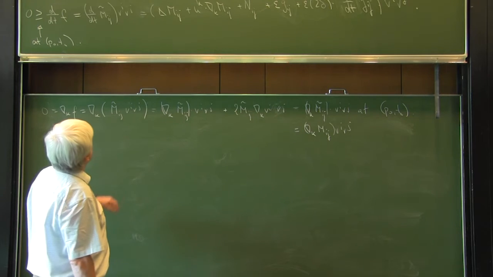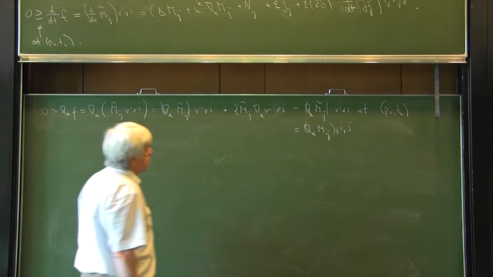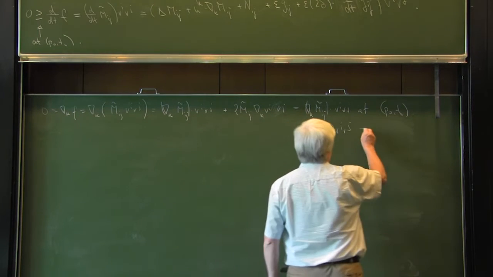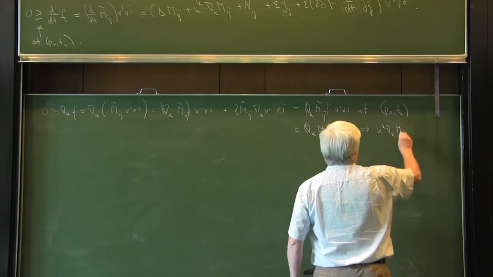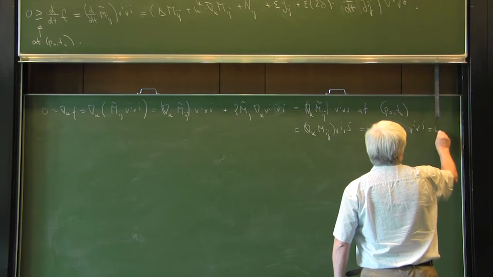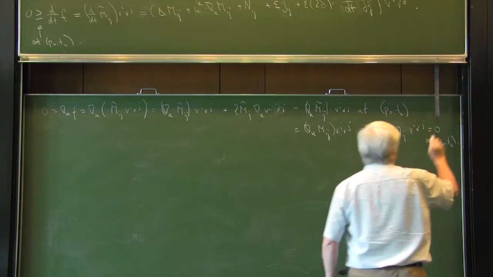So this shows us that the second term in our evolution equation is 0. So this implies the term uk gradient k mij vi vj is 0 at p naught t naught. Okay?